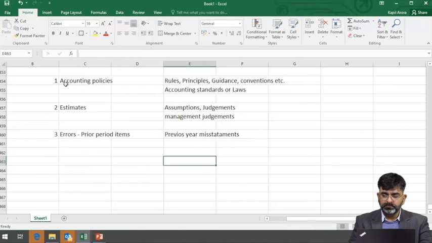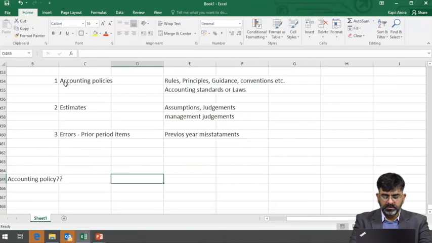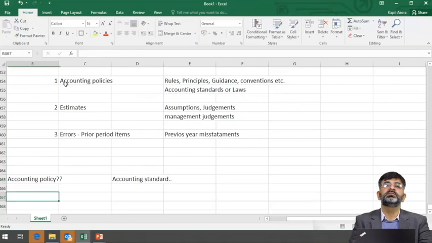Now, when we talk about accounting policy, from where do we get it? Most of the times from the accounting standard, right?